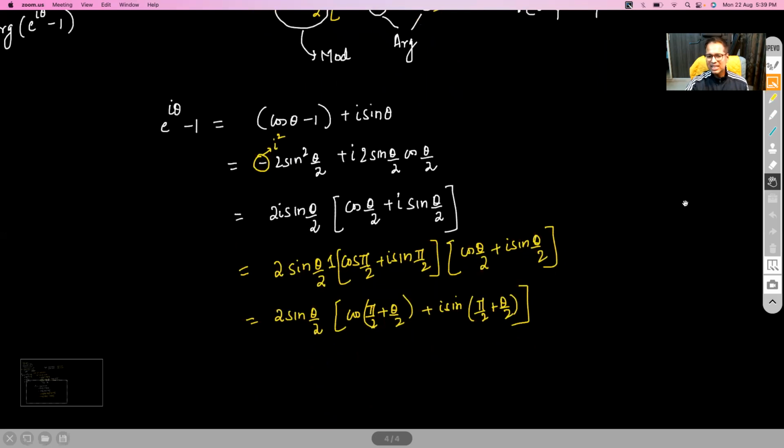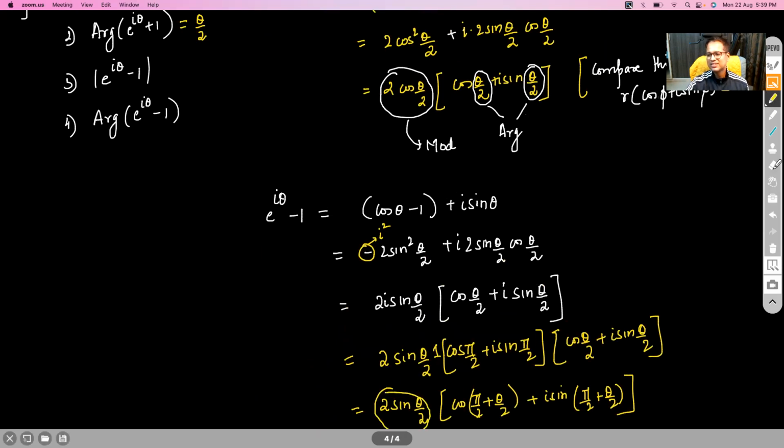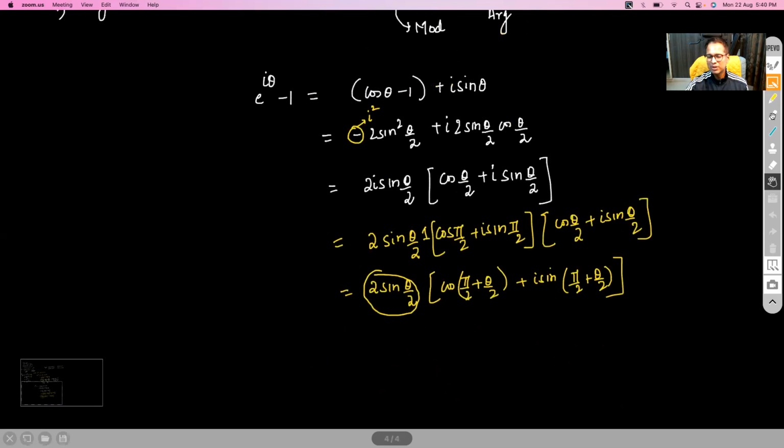So having written it like this, now we have a solid conclusion in front of us that this will become our modulus. And these angles that you see here are of course the same angle, and they have to be the argument of that complex number.